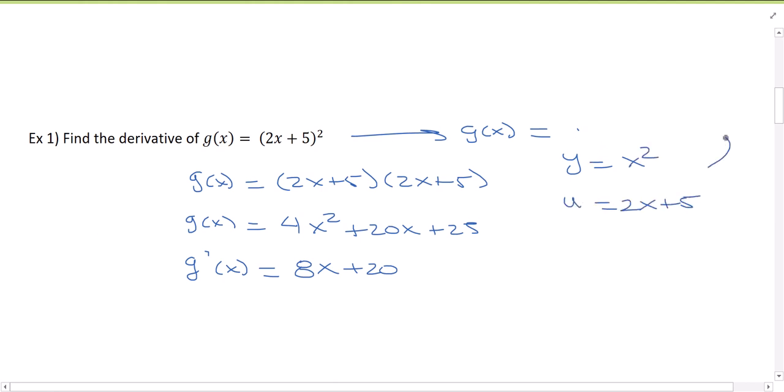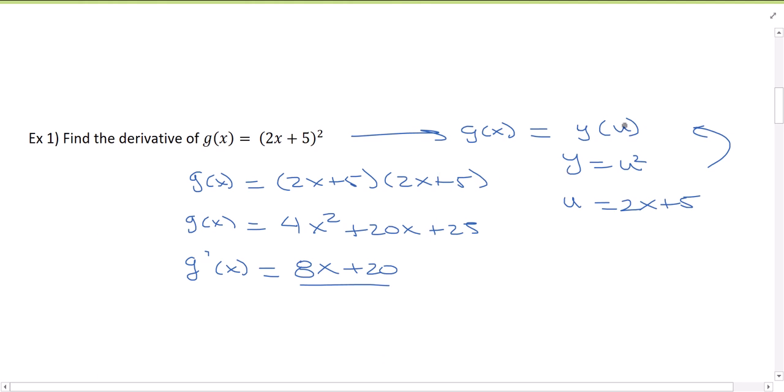So then g of x is the composition of y of u. So into x, you have plugged in the 2x plus 5. So let me write it properly. Y will be equal to u squared. So into u, you have plugged in 2x plus 5, and that's how we get this composition. So the idea is then, how do I still get my 8x plus 20?